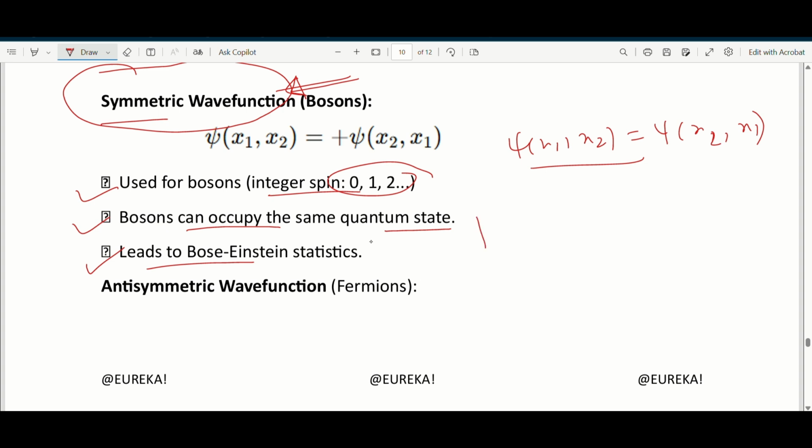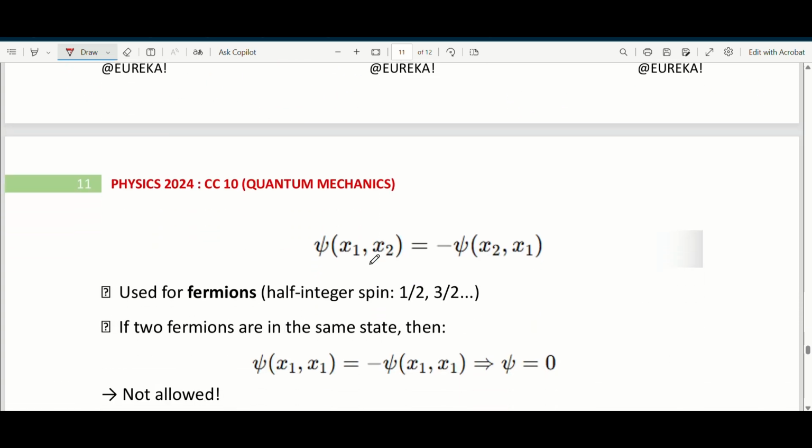Basically, particles which follow the symmetric wave function can be studied under BE statistics. And an antisymmetric wave function means psi of x1, x2 equals minus psi of x2, x1. Basically they are fermions.